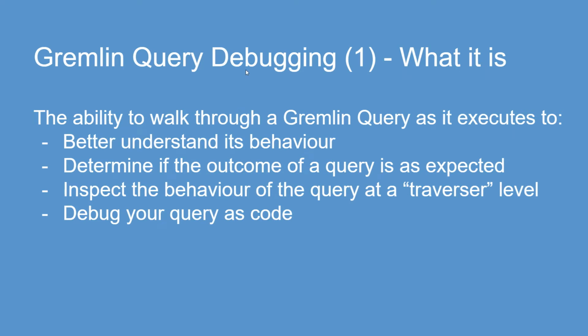So Gremlin query debugging, basically, what do I mean by it? We're looking at the ability to walk through our Gremlin queries as they execute. The goal of that is, first of all, to better understand the behavior.